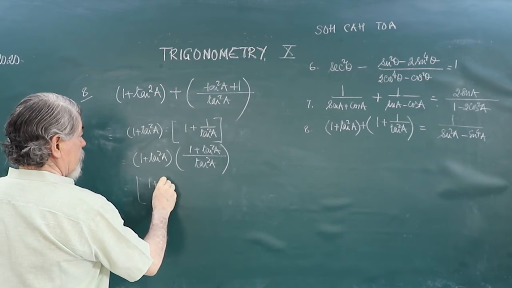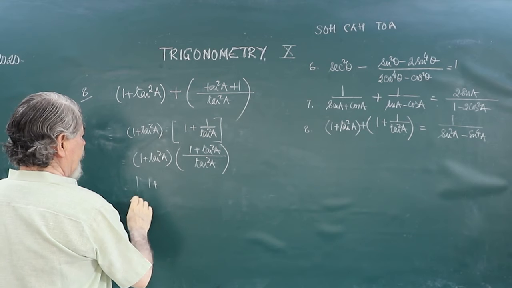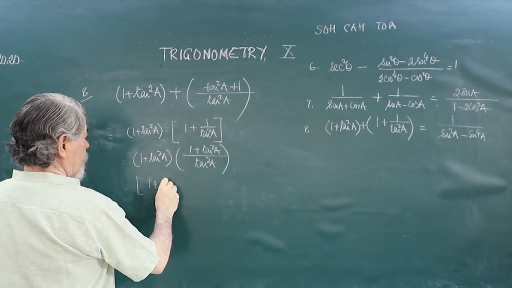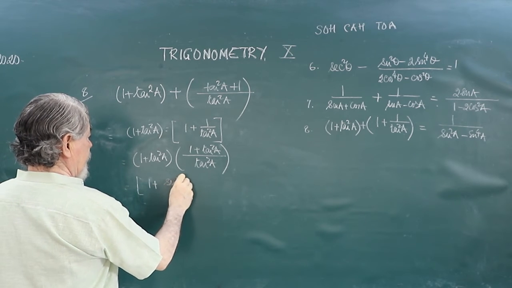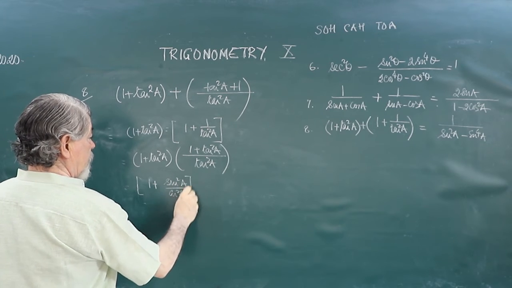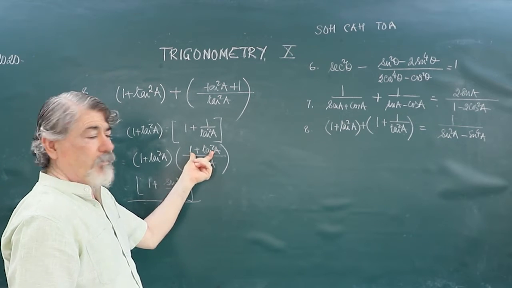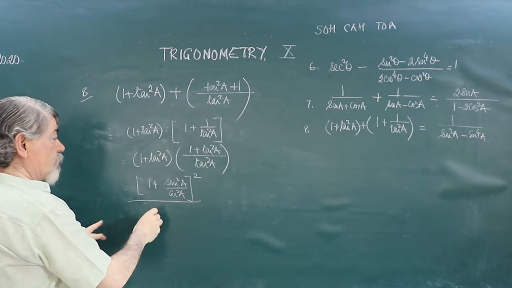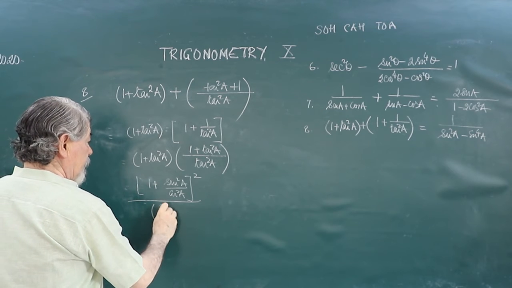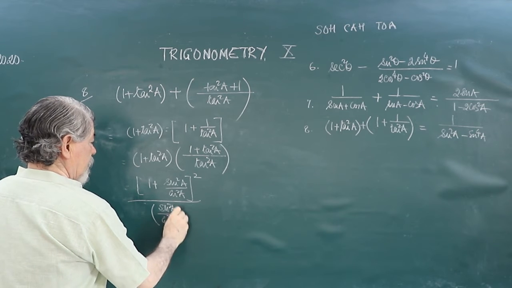It is actually 1 plus tan square A whole square, so we write 1 plus sine square A upon cos square A, to the power 2, and tan square A is sine square A upon cos square A.